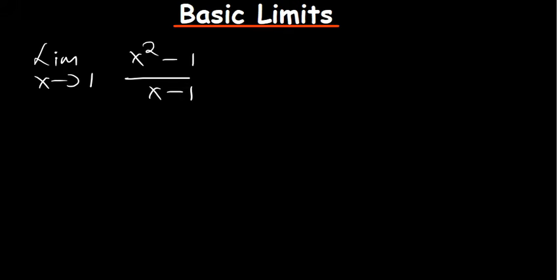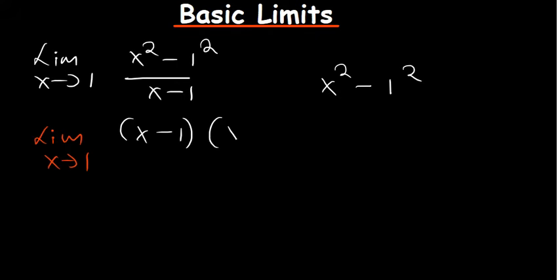We're going to have the limit as x approaches 1. We know that we can square 1, so that we have the difference of 2 squares. The difference of 2 squares tells us that if you have a difference, a minus, and two things squared, one factor is going to take the negative sign and the other is going to take a positive sign.